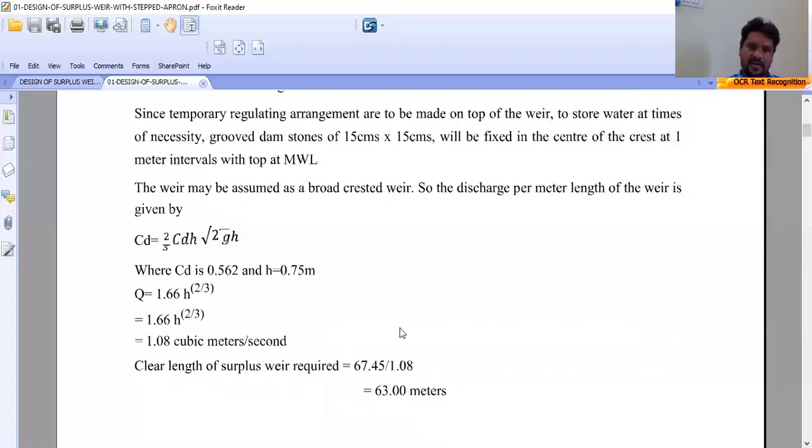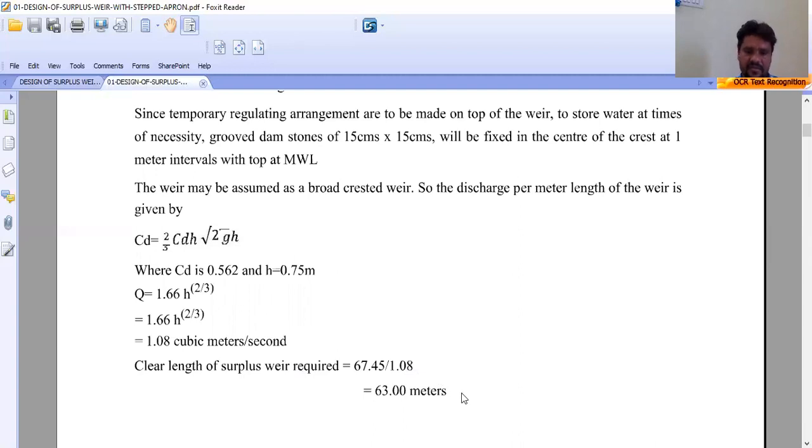We know that capital Q is equal to small q times L. So small q is equal to capital Q by L. Now we need L, so by cross multiplying, L equals capital Q by small q, where capital Q is total discharge and small q is discharge intensity. 1.08 is the discharge intensity, and this is the discharge.